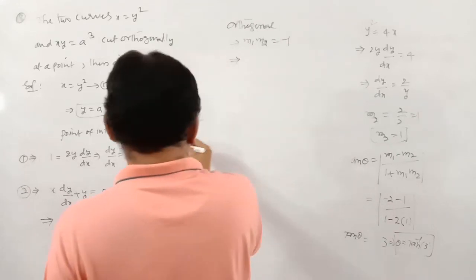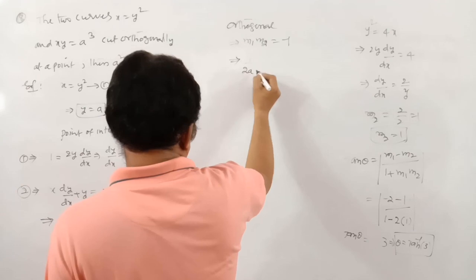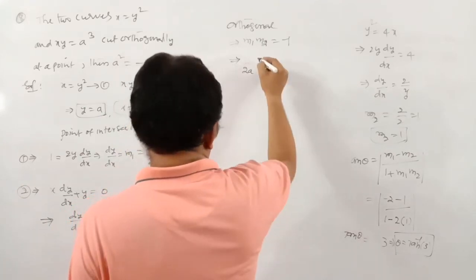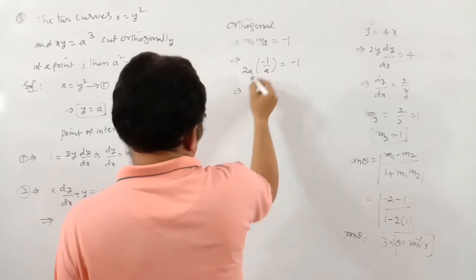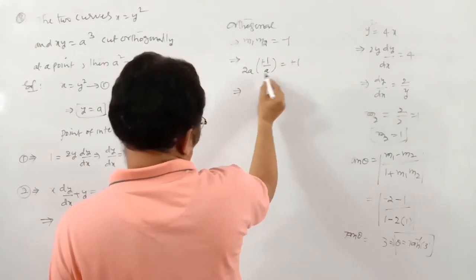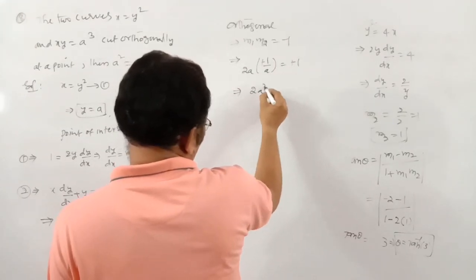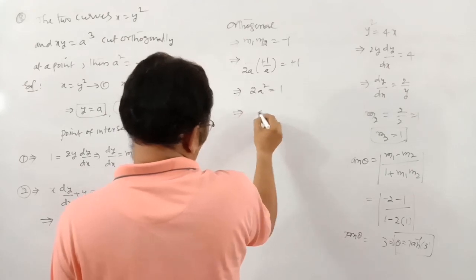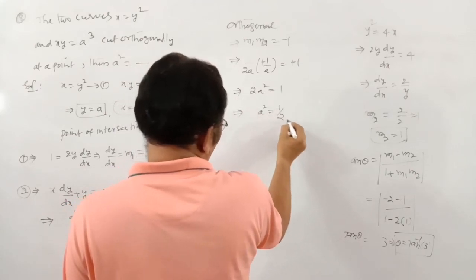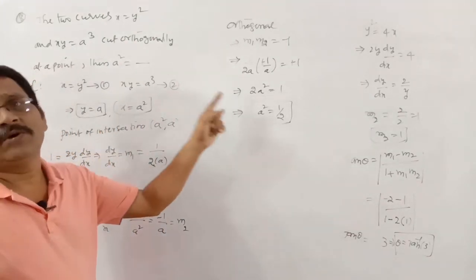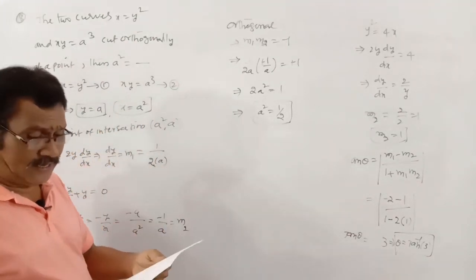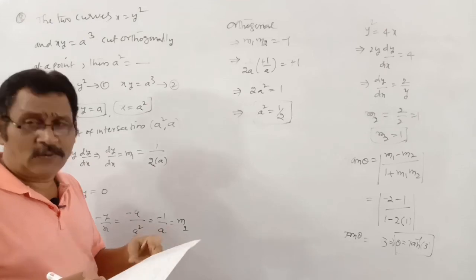What is the m1 value? 1 by 2a into this m2, minus 1 by a, is equal to minus 1. Cancel a on both sides, 2a square. So cross multiply, 2a square is equal to 1, then a square is equal to 1 by 2. This is the value of a square, right?